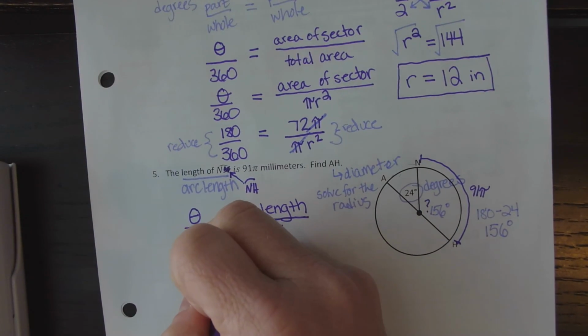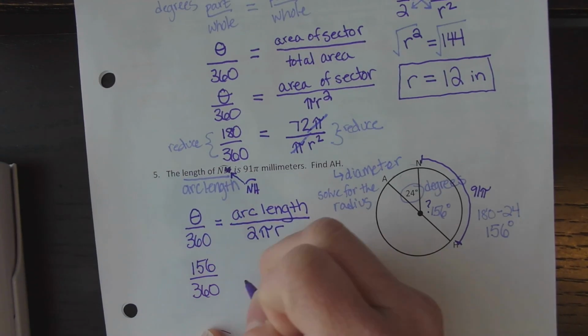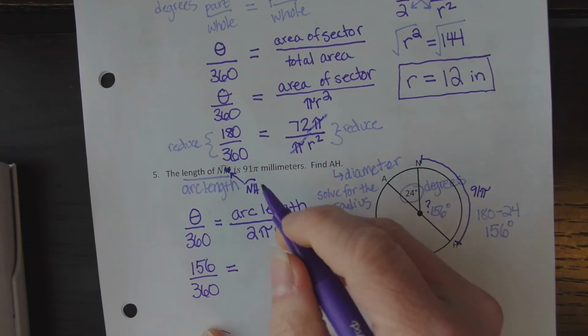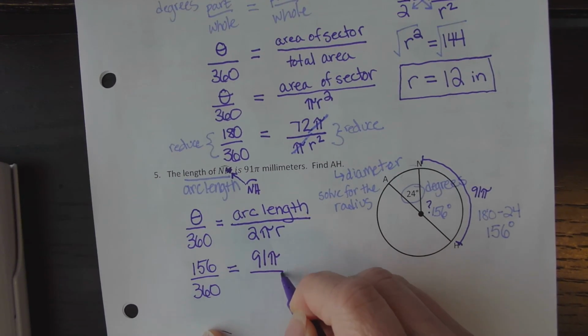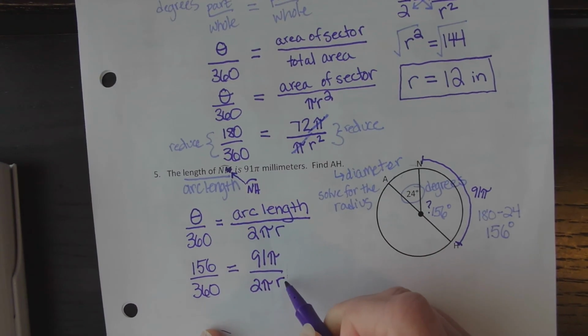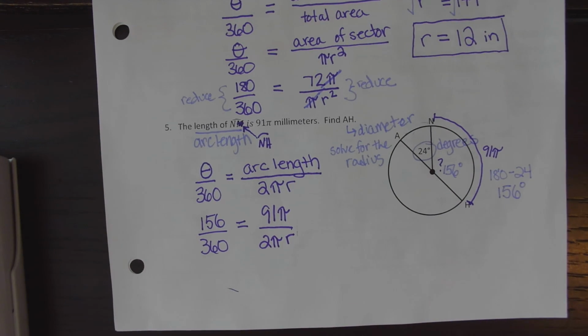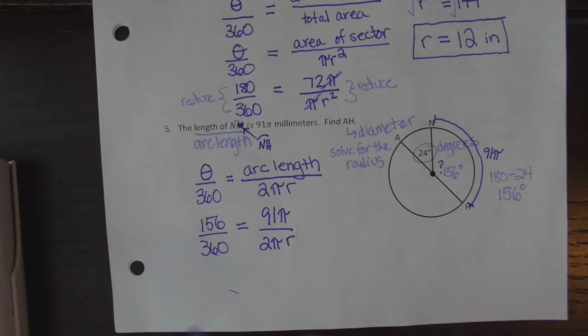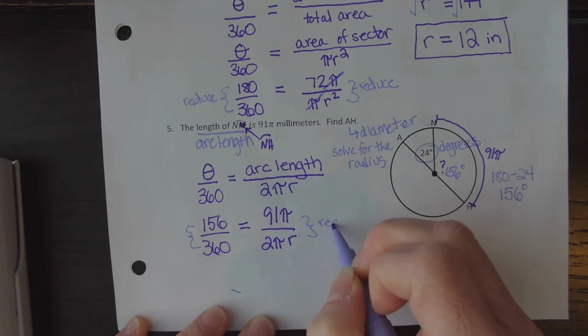So 156 over 360 is equal to, well, the arc length was 91 pi over 2 pi r, because that's what we're solving for, the r. All right. Now we're going to see how well these numbers reduce.